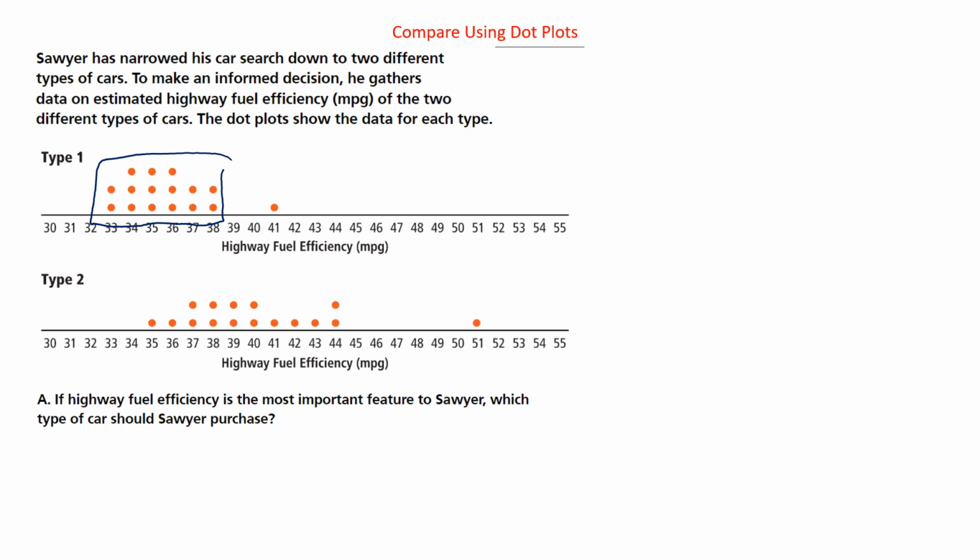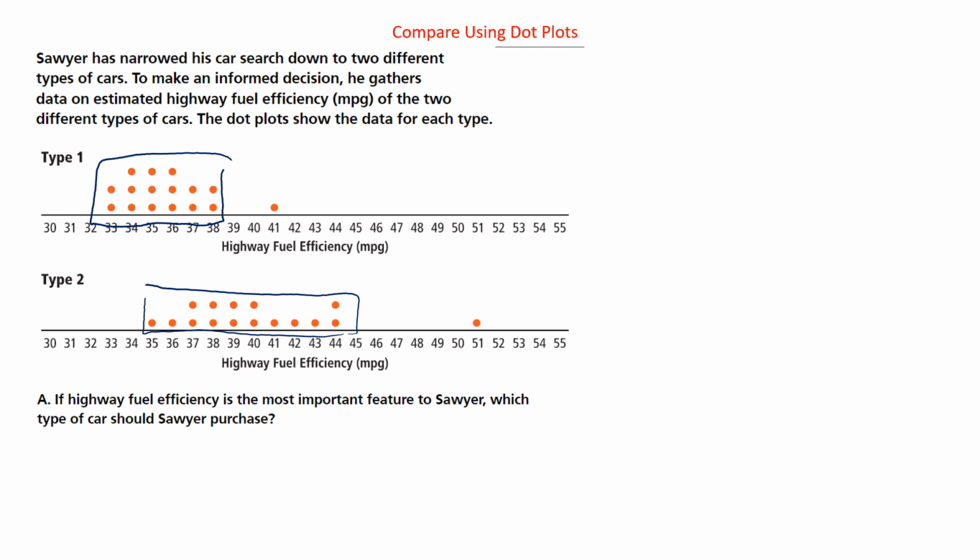In type 2, most of the data is between 35 and 44 miles per gallon, which tells us that type 2 has a higher fuel efficiency, higher miles per gallon. If that's what he was going for, I would go for that one.